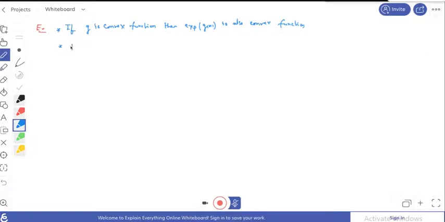And if g is concave function, then logarithmic of g(x) is concave function.